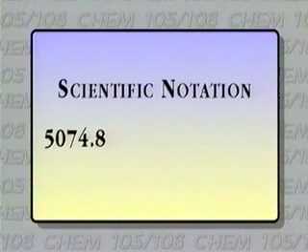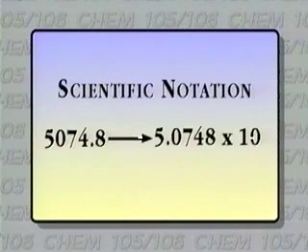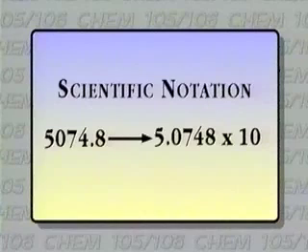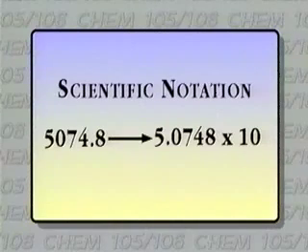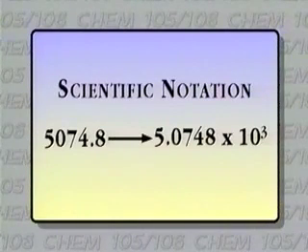Now, if I wanted to write that in scientific notation, I'm going to write it as 5.0748 multiplied by 10. In this particular case, because the number is bigger than 1 and we're moving the decimal to the left, the power of 10 is going to be positive. How many places did we move it? 3, so this is 10 to the third.